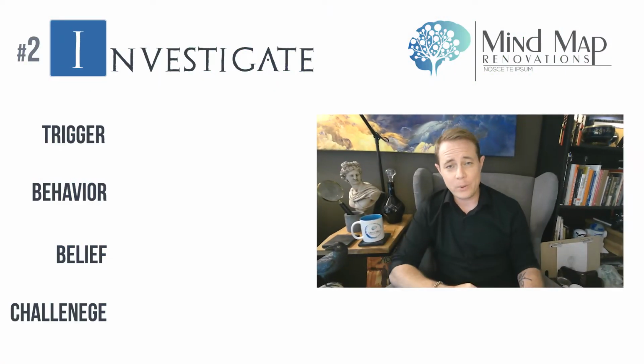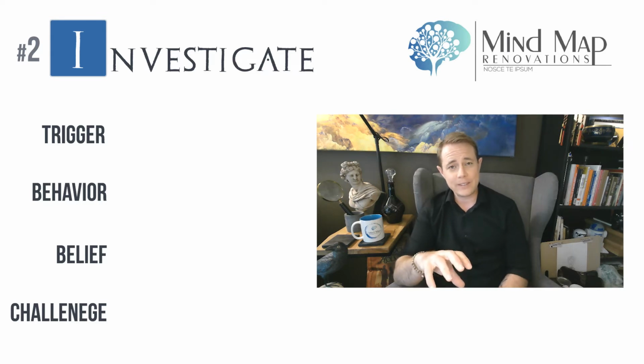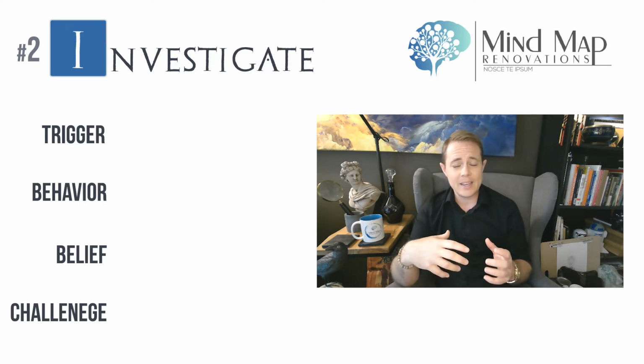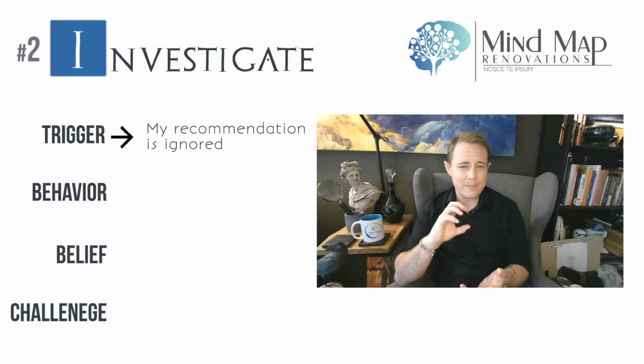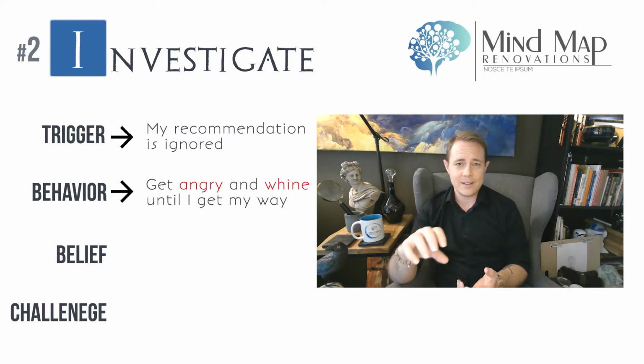So I'll provide a personal example. I talked a little bit about this from my last episode about control and influence, but there was a time in my life that I would be triggered by somebody ignoring a suggestion that I have or a recommendation. That would just always immediately trigger anger in me.